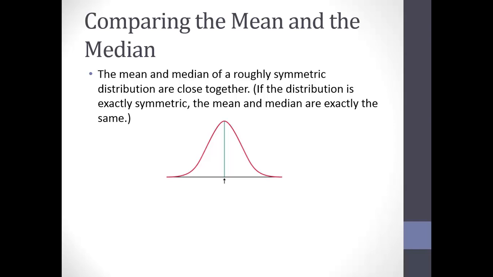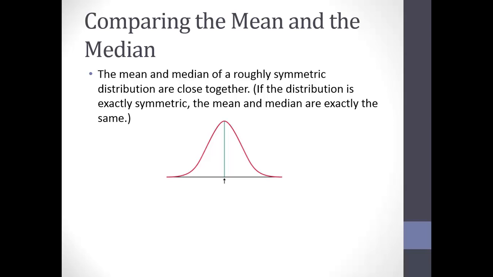So when we have a symmetric distribution, if the distribution we're looking at is roughly symmetric, the mean and median will be very close together. And if the distribution is perfectly symmetric, as this picture is, so that spot in the middle is a perfect reflection point, then they will be exactly the same thing.